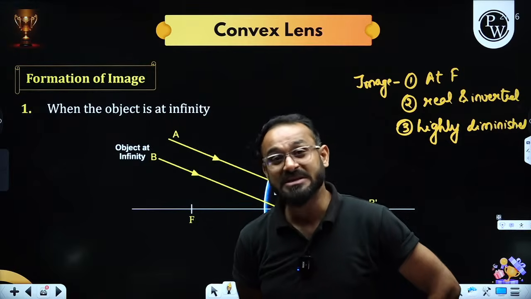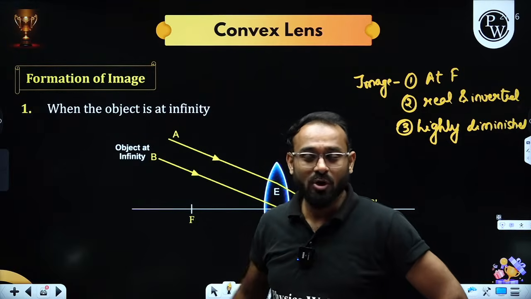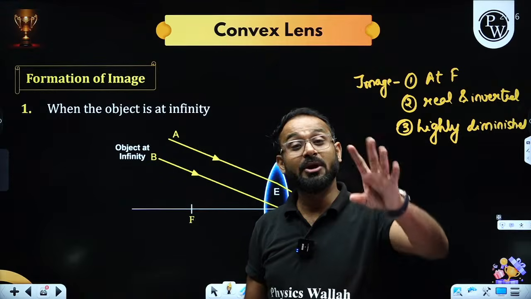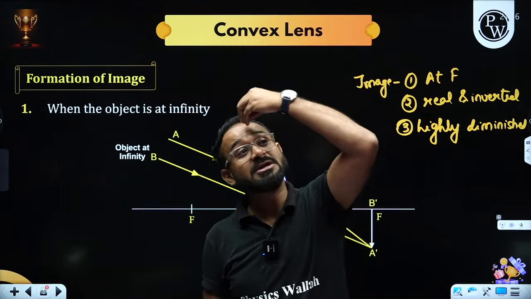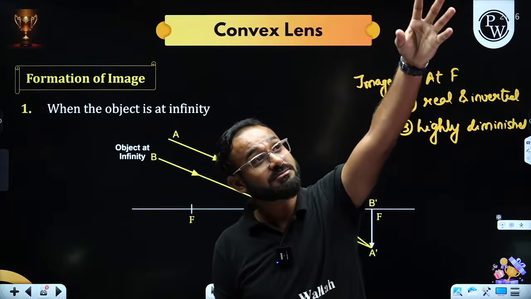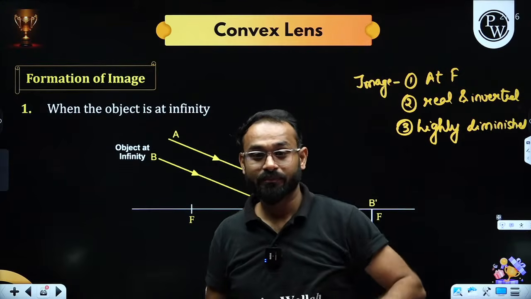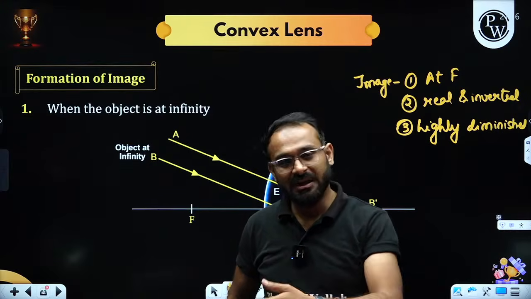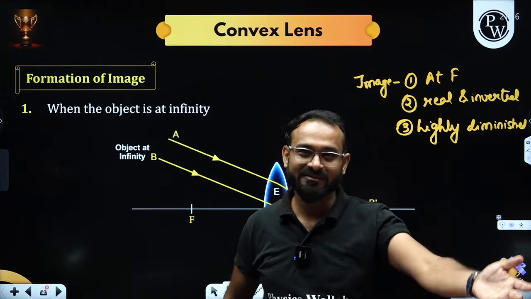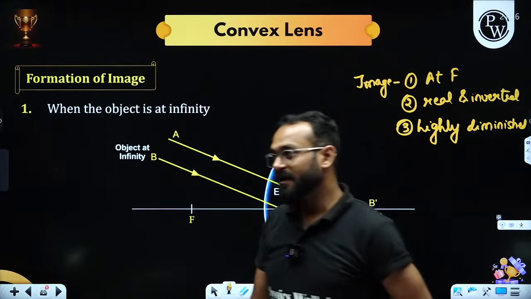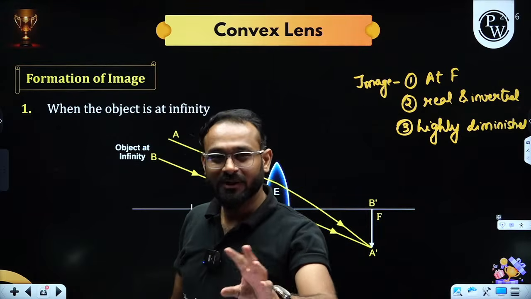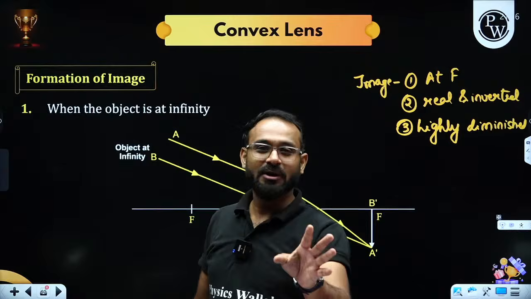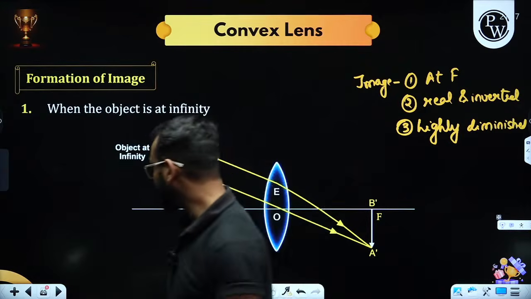So we need to consider that. If you do not want to take this name, name it that the object is very, very far. You can name it as you like, no problem. Ultimately, we define it in that manner. So don't worry, the concept will not be wrong at all.